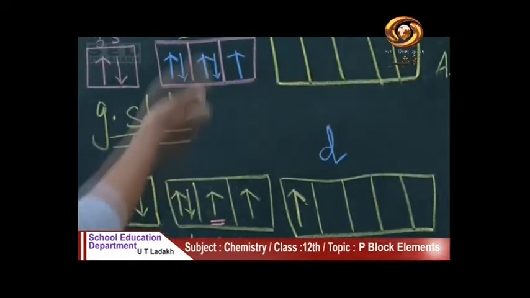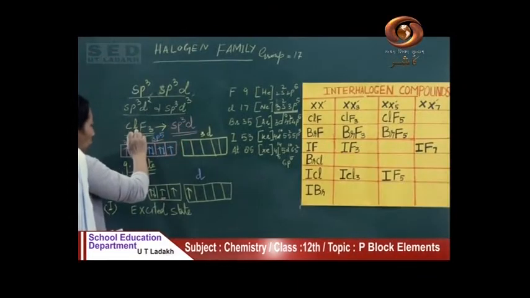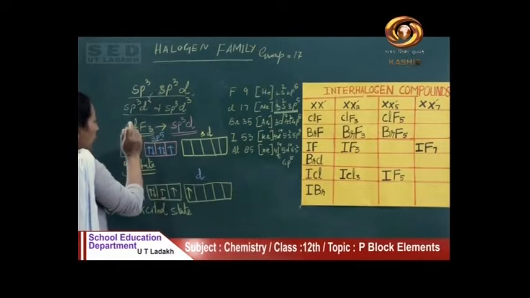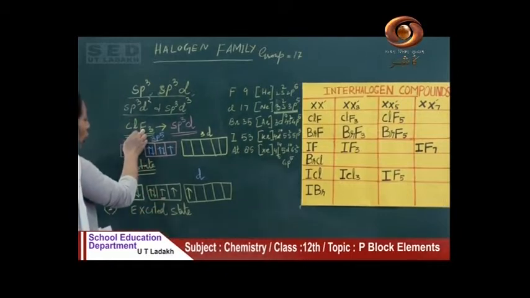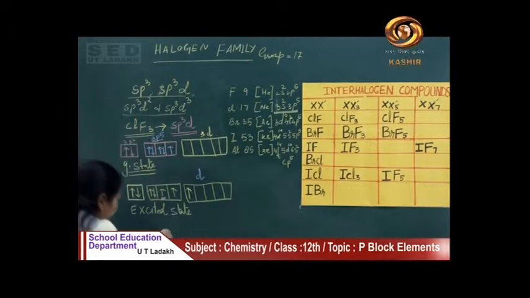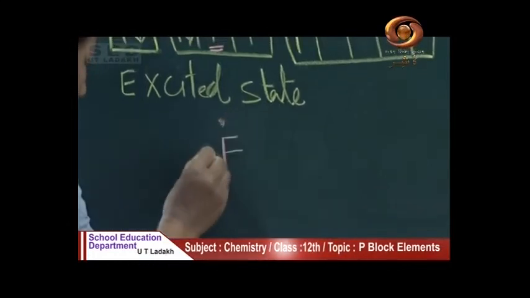For sp3d hybridization, we have to form covalent bonds by sharing one electron from the fluorine.